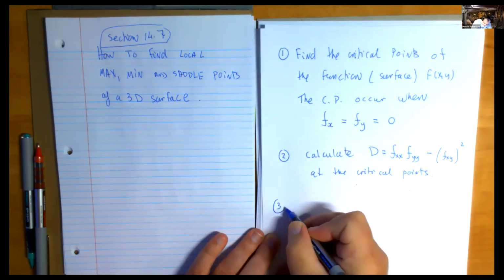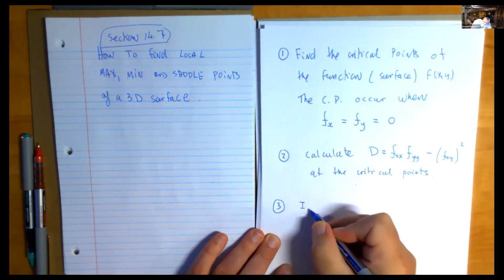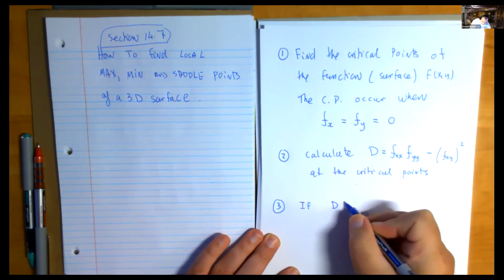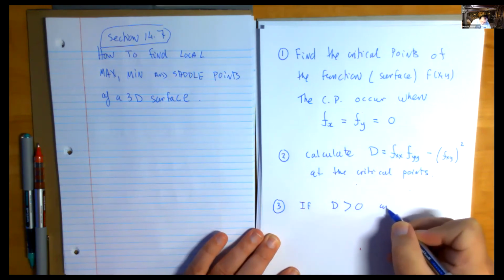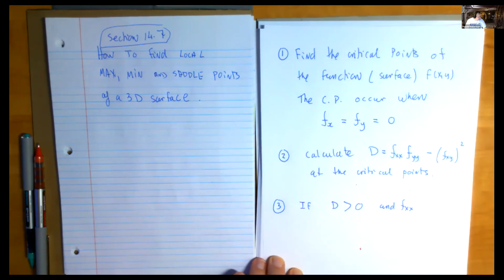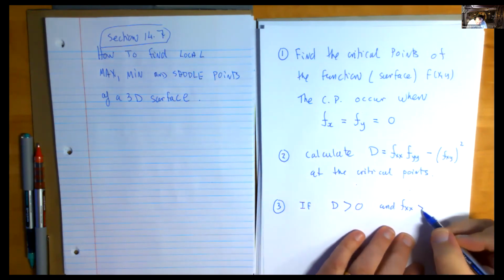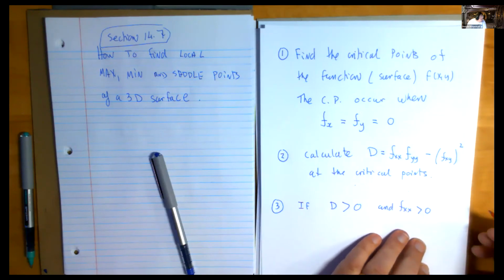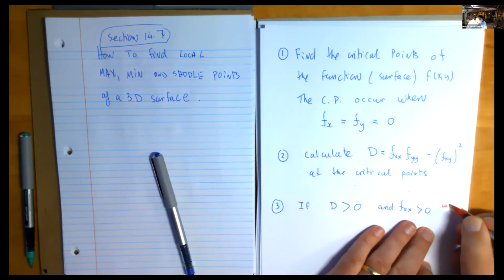And then the third stage. If d is greater than 0 and the second partial derivative with respect to x is greater than 0, if both of those are true, then you are looking at a local minimum.